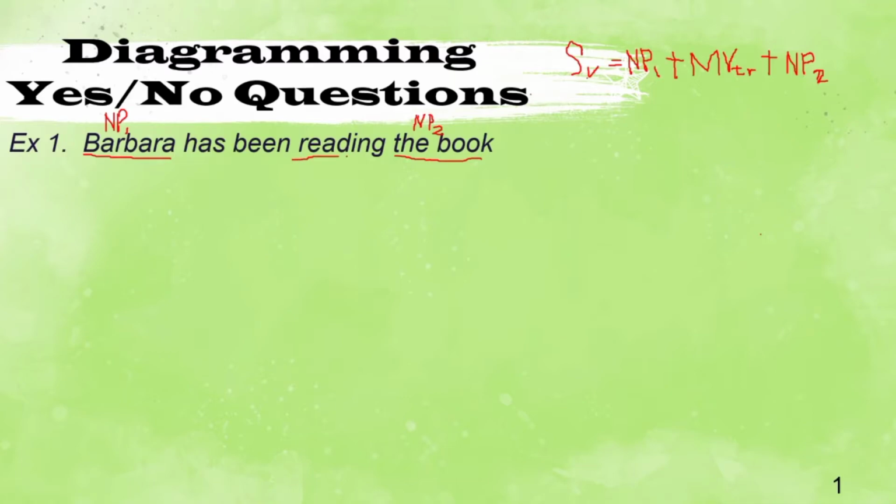So reading is represented by the symbol MV with the subscript TR for transitive, while has been is the auxiliary. Has is the perfect tense, and been is the progressive.